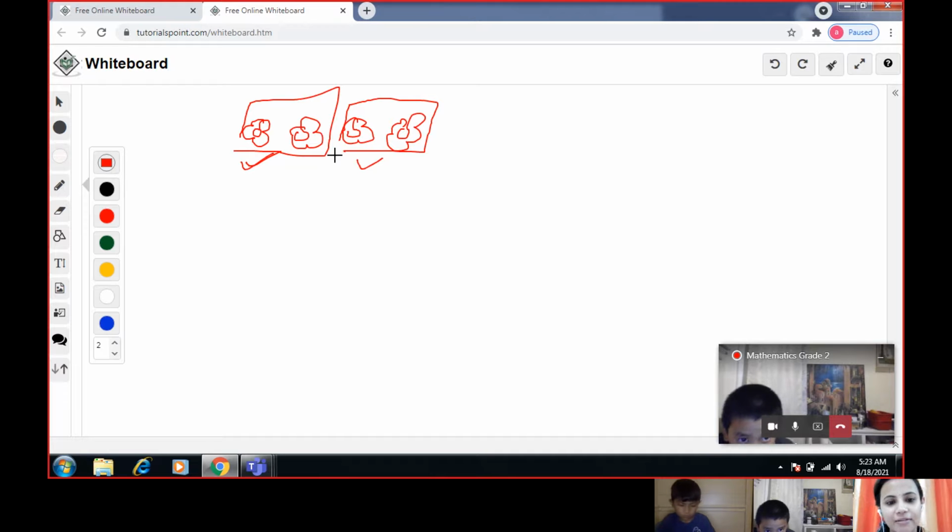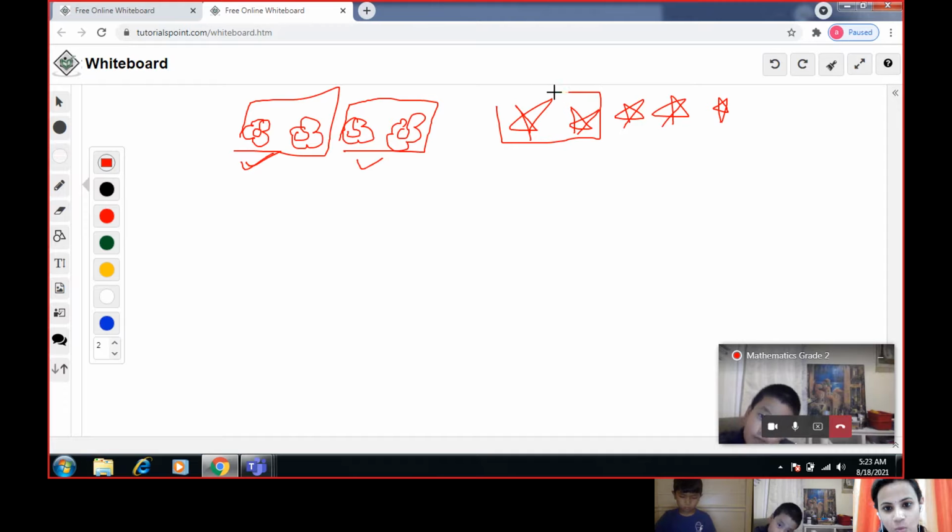Suppose like here we can make the pairs. Similarly, see the stars: 1, 2, 3, 4 and 5. There are 5 stars, and if I make the pair of 2, 1, 2, okay, see, we have made the pairs.